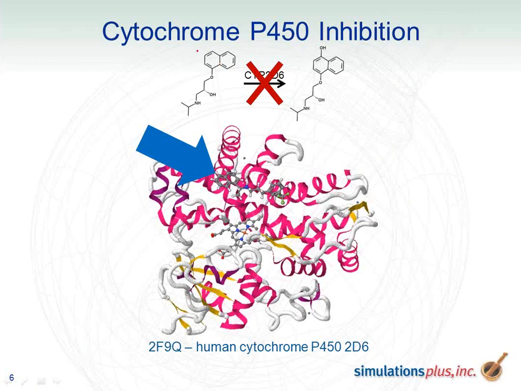What would happen is that this molecule is no longer being metabolized, so it tends to build up and increase the systemic exposure and can cause maybe problems with toxicity. So this is one reason why the FDA emphasizes experiments to look at drug-drug interactions and inhibition of CYPs.